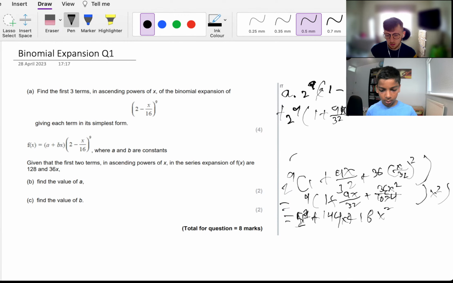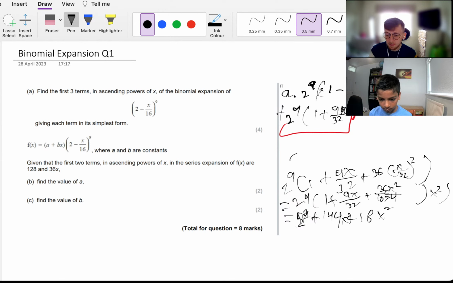One second, you've made a mistake in this bit of working out here. The second line of working out, where you factorise that 2 to the 9, and I'm going to talk about that in a second anyway.